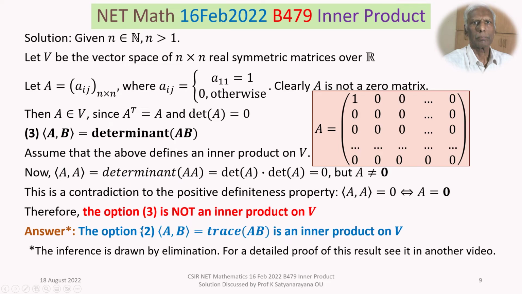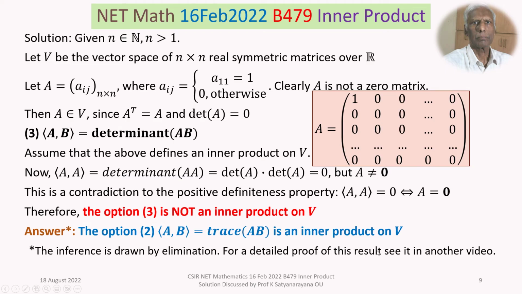That is, the other options, options 1, 3 and 4, are not true, and therefore option 2 is true, because only one true statement will be there in section B. But the proof is needed for this.